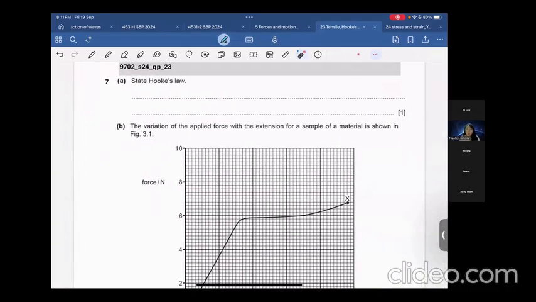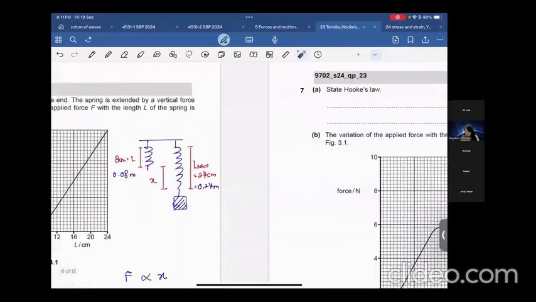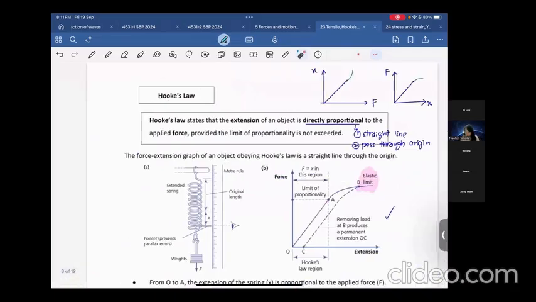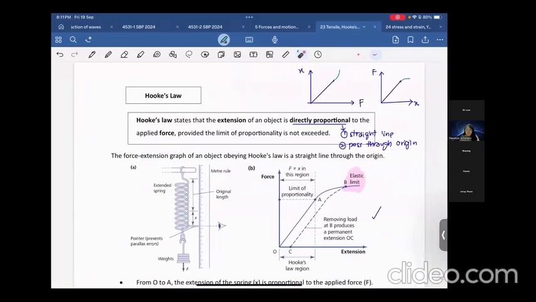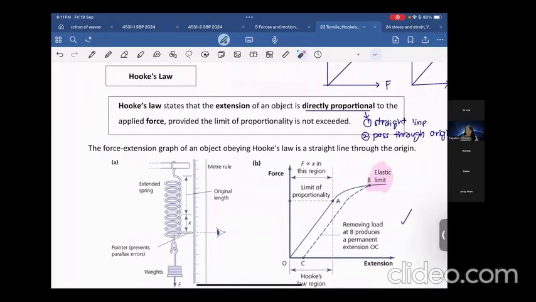State Hooke's law. What does Hooke's law say? Boys and girls, I give you 1 minute to complete it. Hooke's law is that extension is directly proportional to the force, provided you do not exceed the limit of proportionality. This one is 2024, also last year.